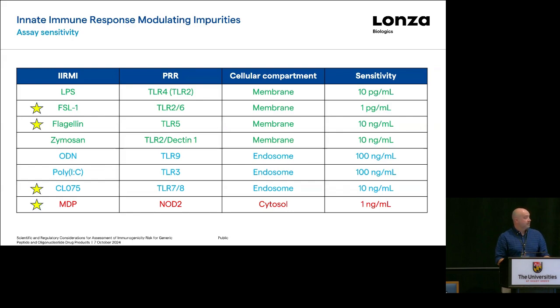So for that reason, we've picked a subset that we use in some of the more pivotal, larger screening assays, where we don't necessarily need to take all 8 ERMIs through, and I'll touch on this in a few slides' time. We tend to focus on FSL and flagellin as the most robust but sensitive membrane-bound targeting molecules, and then CL075 and MDP to cover the endosomal and the cytosolic pathways.